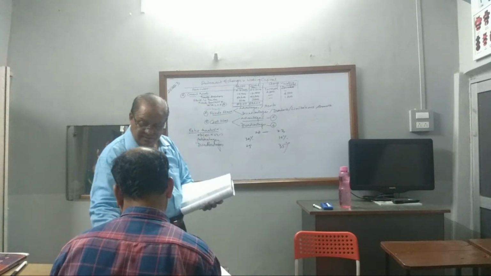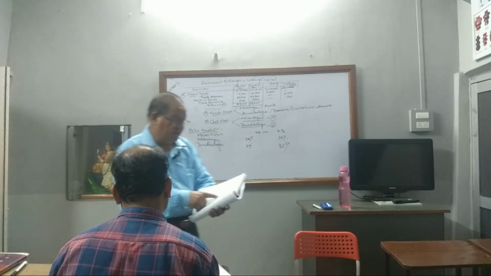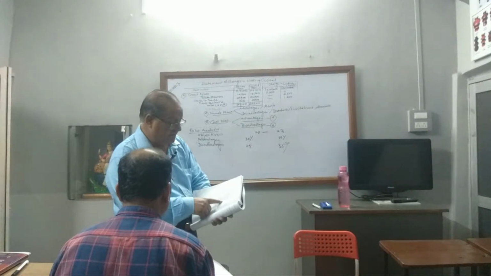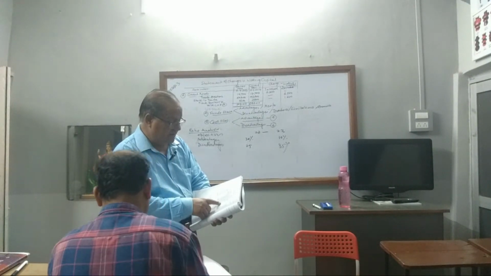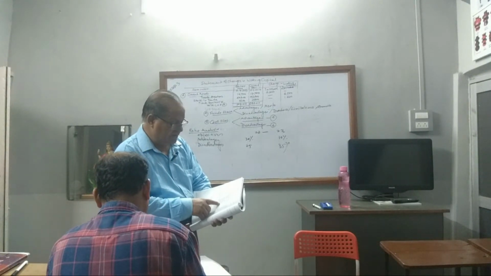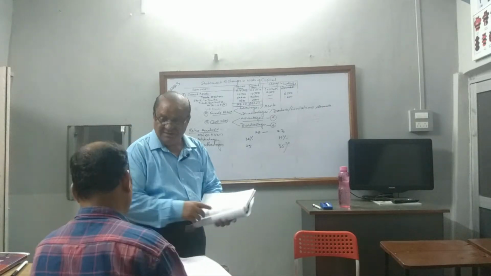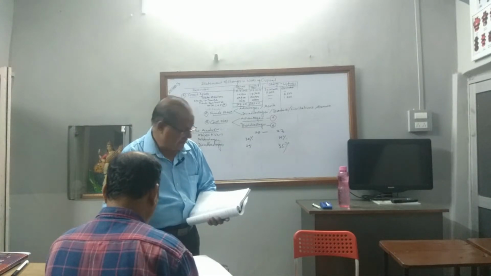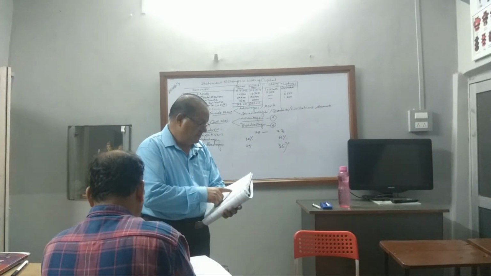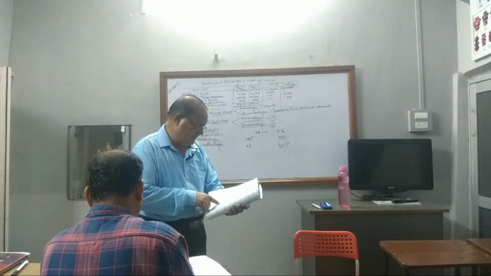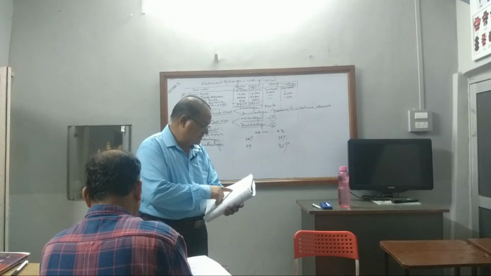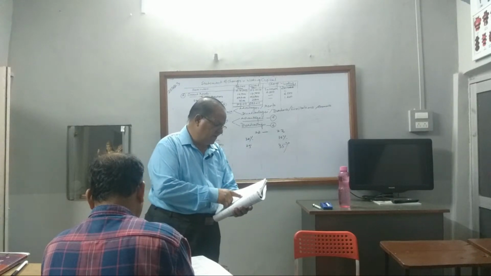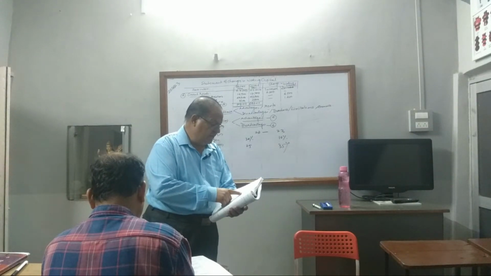Got it? Just see, the current assets here: first inventories, bills receivable, sundry debtors, bank, and short-term investment. You can take this total, it will be current assets. Then current liabilities will be 4,24,000: bills payable, bank overdraft, sundry creditors, and provision for taxation.